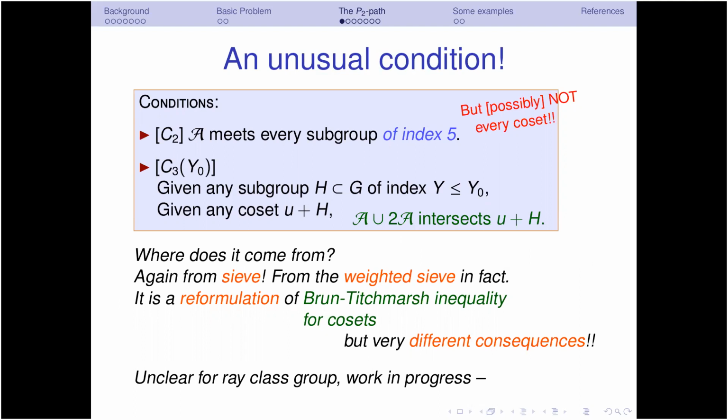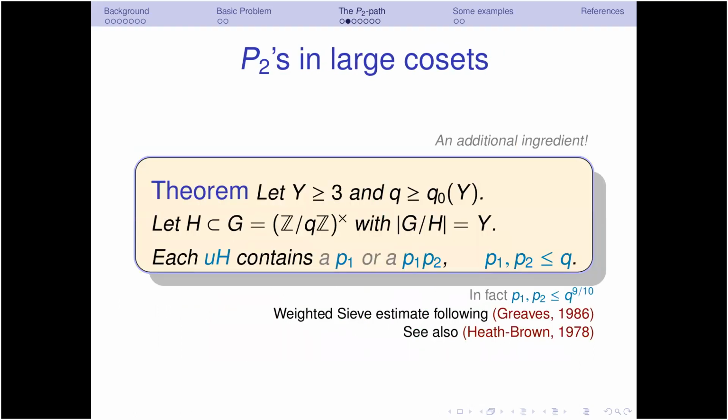I don't know. So yes, that's the result I'm quoting. The reason we can have this condition in the additive setting is that every coset, multiplicatively, contains a prime or a P1 P2, with P1, P2 less than Q, provided Q is larger than Q naught of the index.